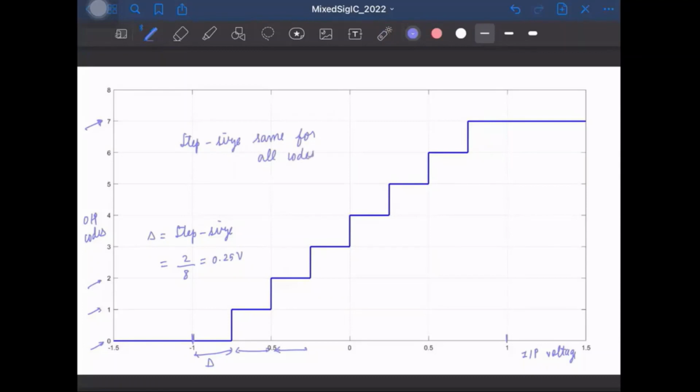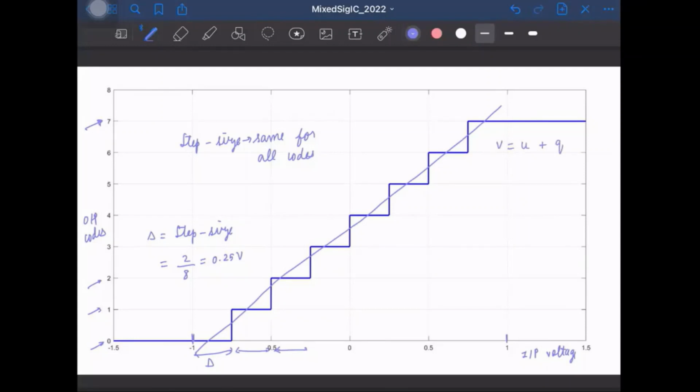Because of this, if you try to fit a curve for this characteristic, we can easily fit a straight line like this. And that is why we are modeling the quantizer output as the input plus the quantization noise.